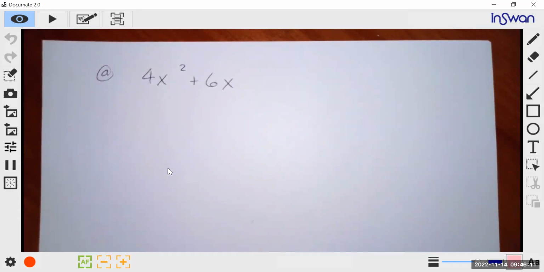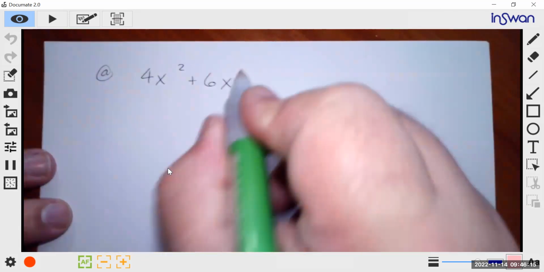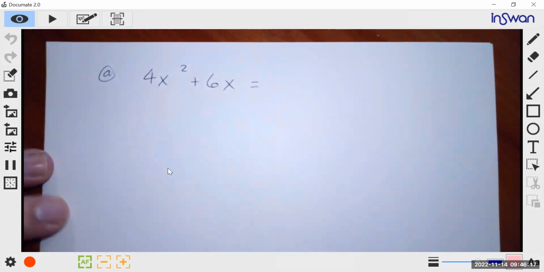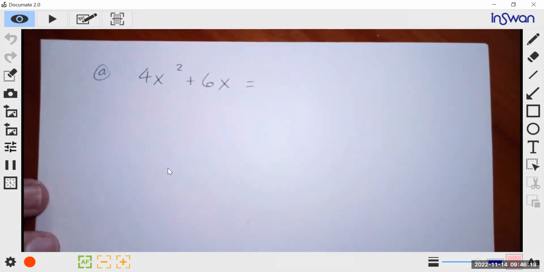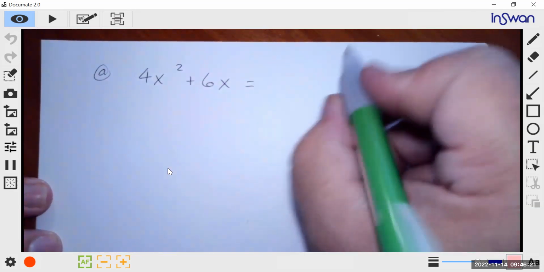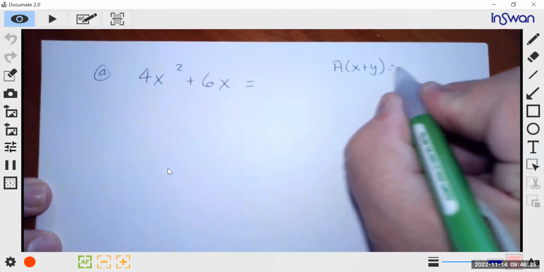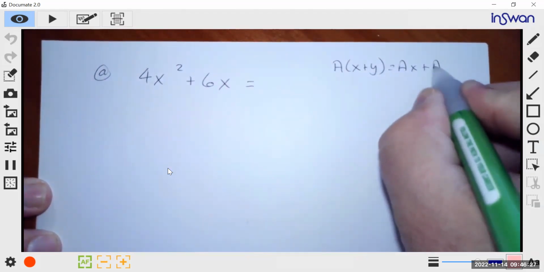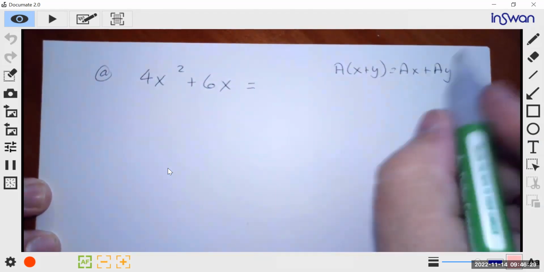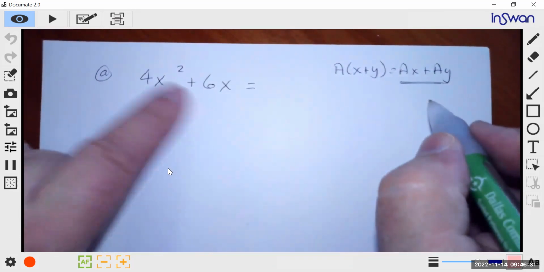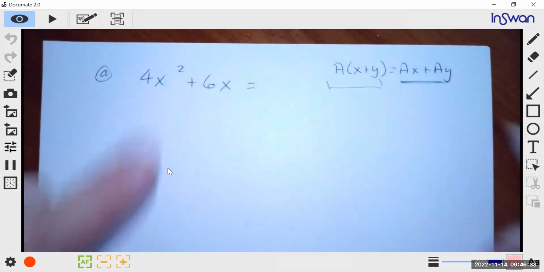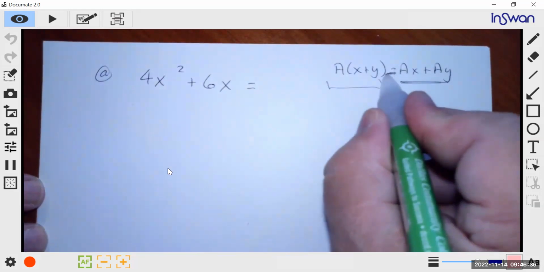This is called factoring by GCF, by the greatest common factors. What we're doing here is remember the distributive property. We're starting from this side. We want to end up with this. We want to go this way.